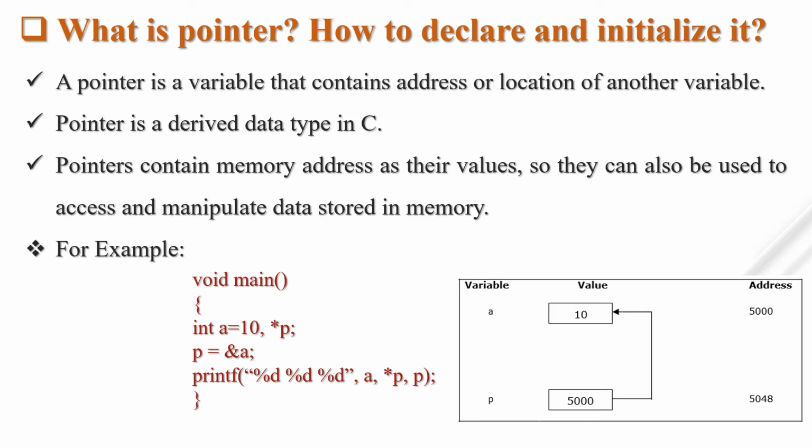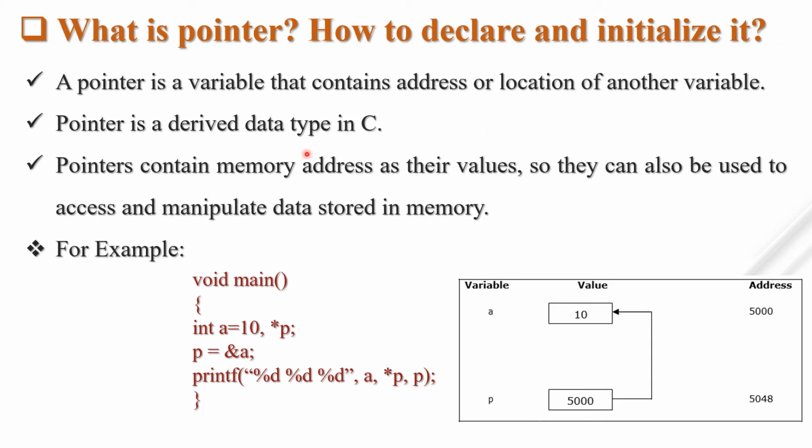What is the definition of a pointer? A pointer is a variable that contains the address or location of another variable. So if I initialize a equal to 1 and I use one pointer which stores the address of a, the only use of this pointer is to store the address or location of another variable.